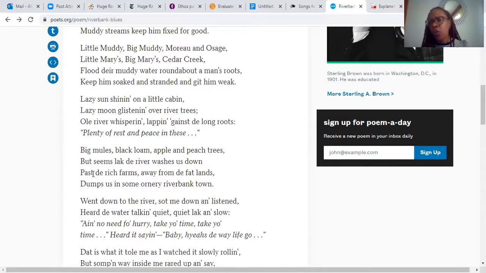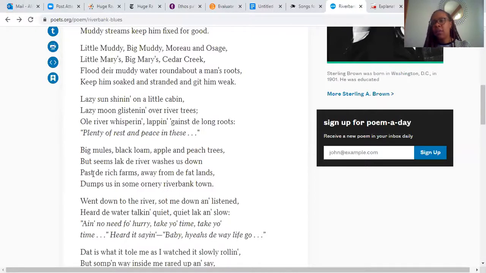dumps us in some ornery riverbank town. He is alluding to what happened with the Great Migration and people moving up north, and this hope that opportunity and the American dream was afforded to everyone. What they found was all they really did was relegate them to certain areas of town with redlining.